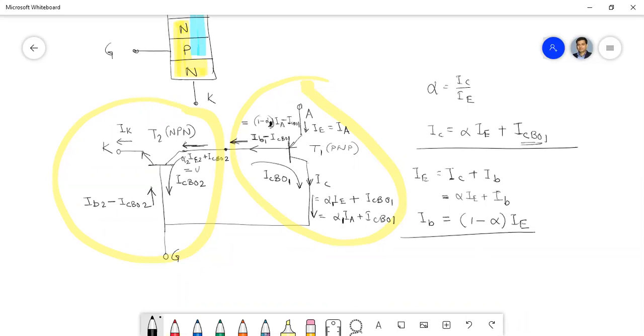So therefore instead of IE2, we can just write IK, cathode current, plus ICBO2 will be as it is. Is it clear? Understood?